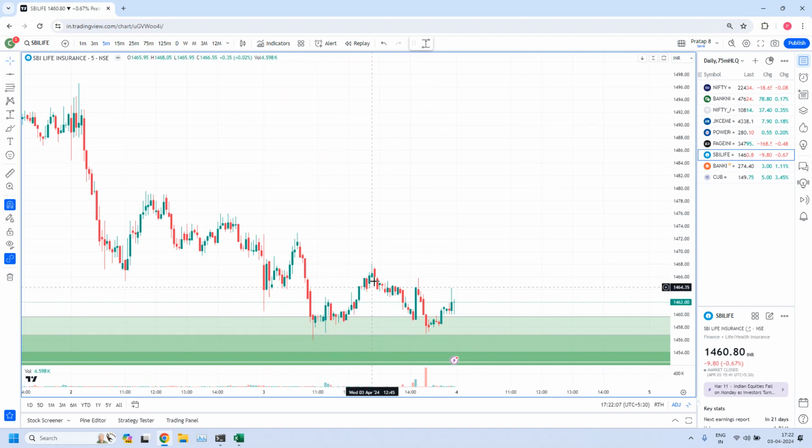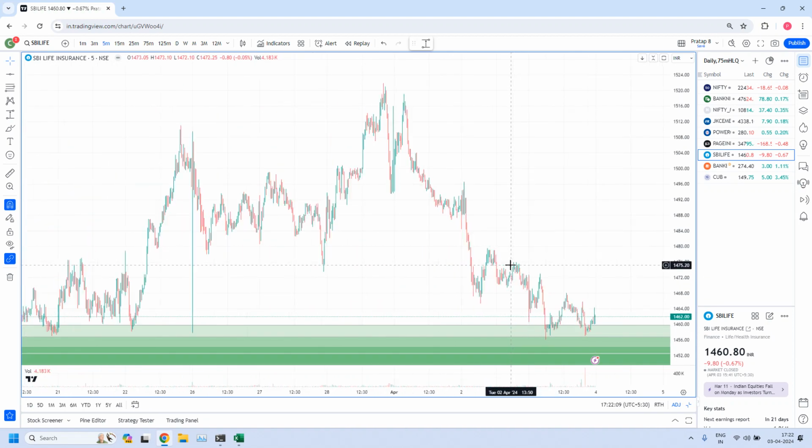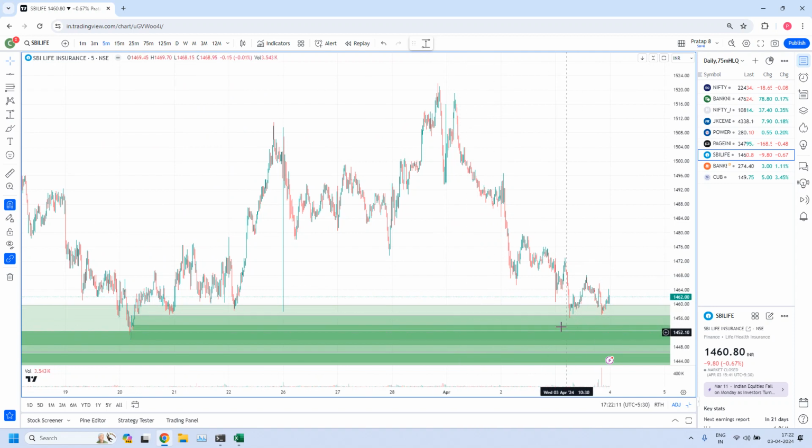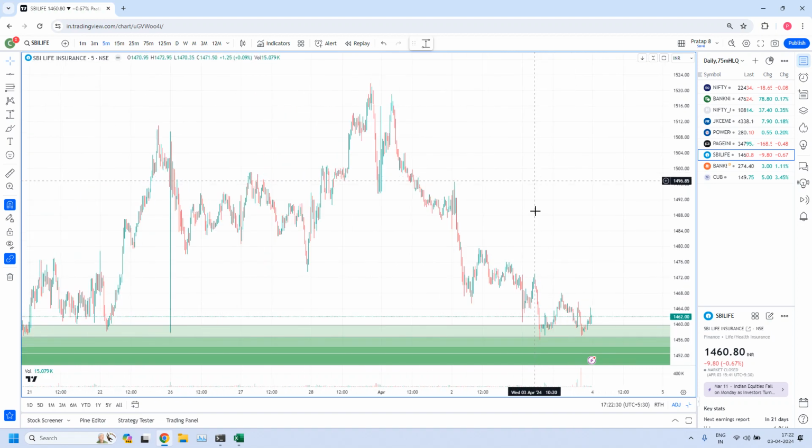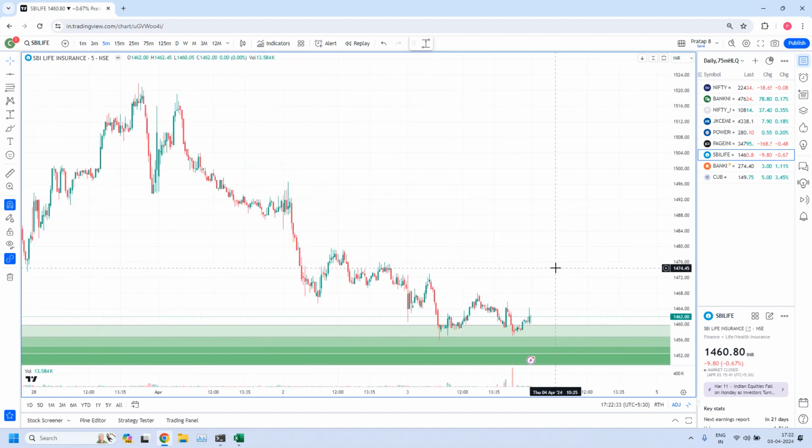From here itself it moved up. There was a 15-minute area here, but it already picked up the orders from this candle. That's why we didn't focus on this area, because this is already tested. Only a fresh 5-minute area is available here. Today prices didn't reach up to this place.